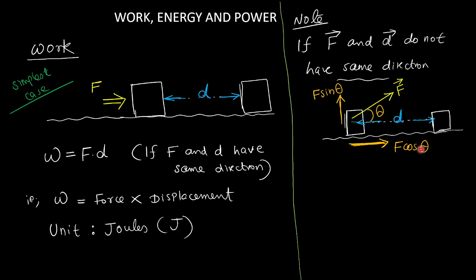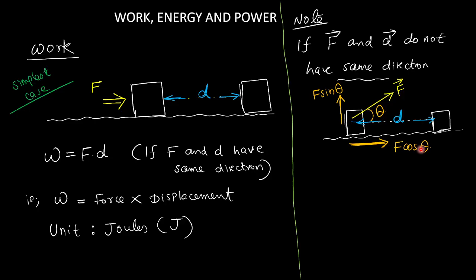So if you don't remember, please memorize. If you have a vector, whether it is force or displacement or velocity, whatever it may be, the vector will have two components. The horizontal component is that vector into cos theta. The vertical component is that vector into sin theta. I discussed this in projectile motion.